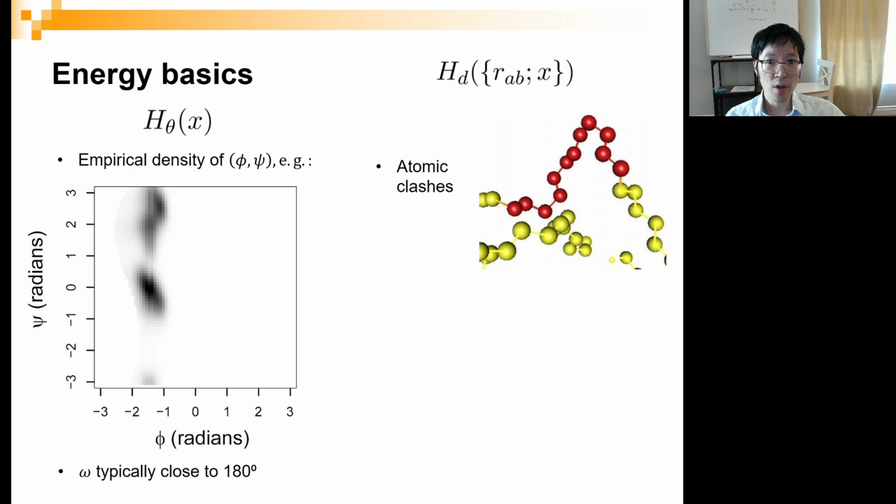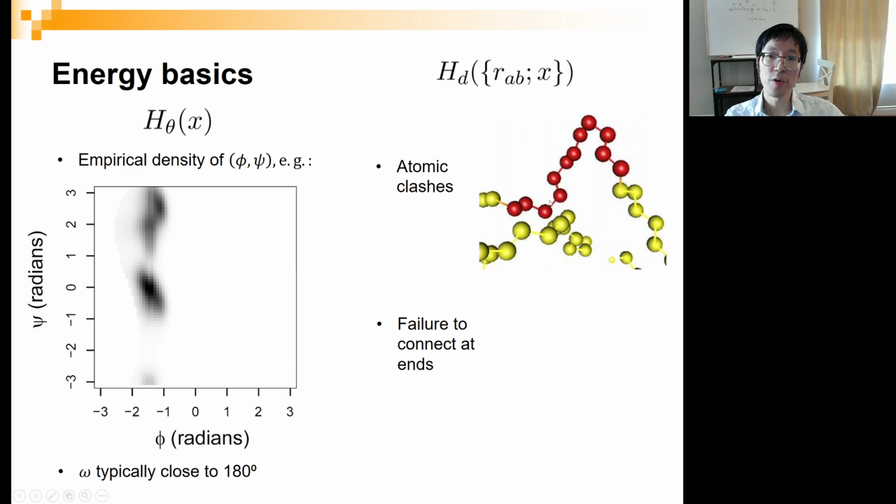And this would be an example of a bad conformation because down here, these red atoms are too close to the yellow one, and so this is not a realistic conformation. And so this would be eliminated by a good energy function, which would not allow such a conformation.